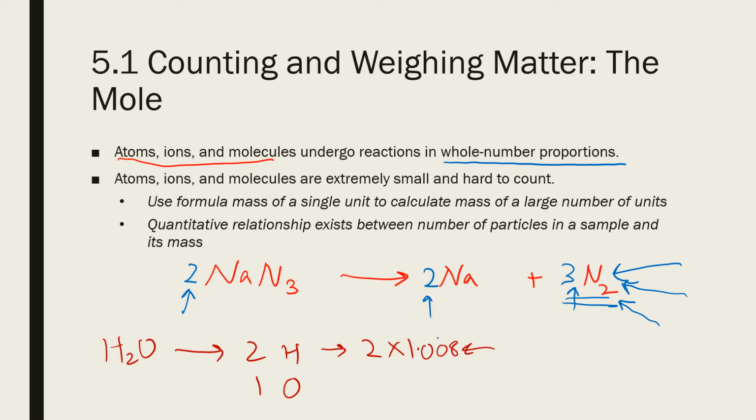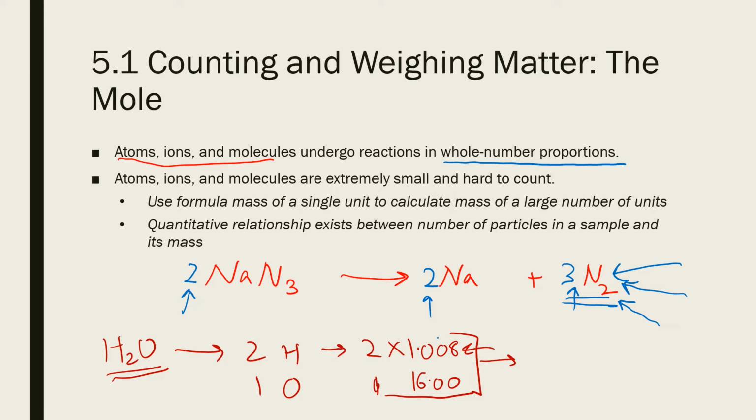Similarly, we know the atomic mass of one oxygen atom, which is 16.00. With this knowledge, we can add all these masses up and calculate the total mass of a water molecule.